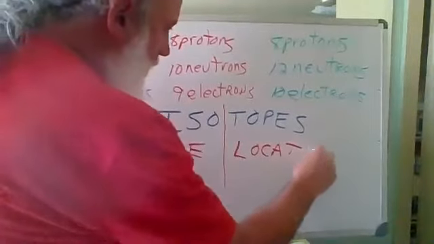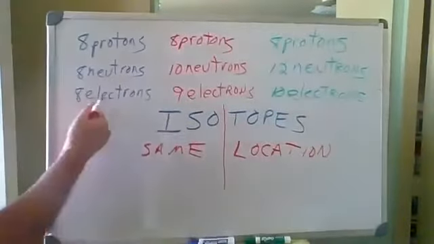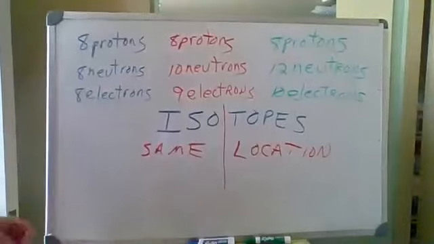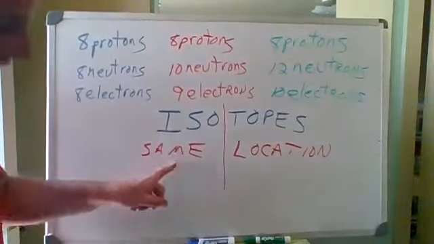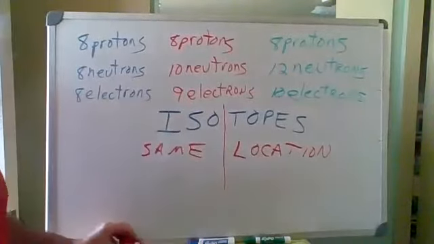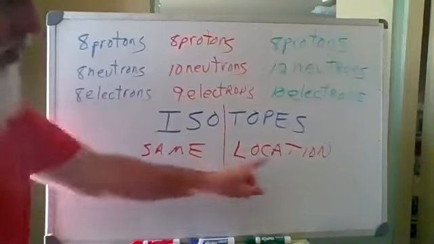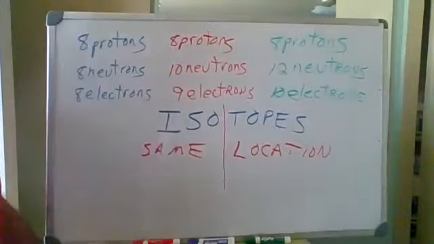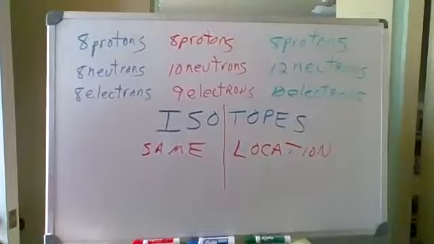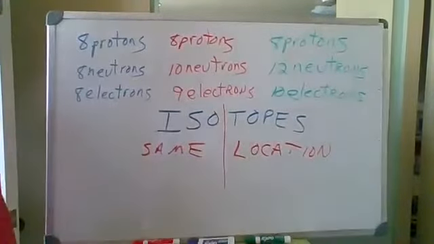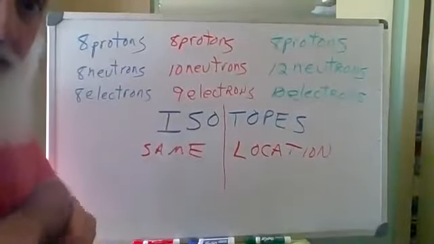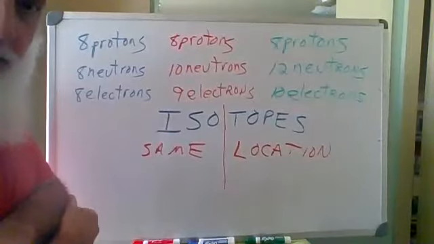So now we can see why these atoms are said to be isotopes of each other. They are at the same location on the periodic table. So this is where this name comes from, isotopes. Any questions there?